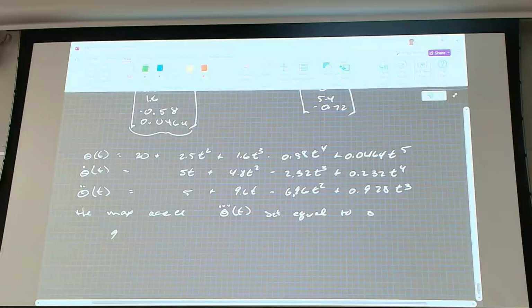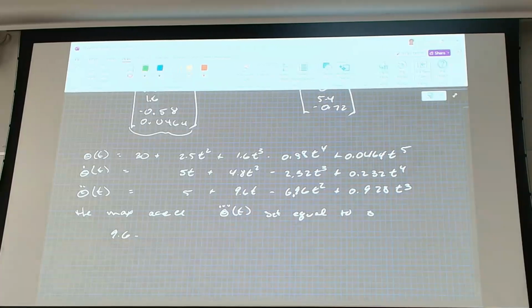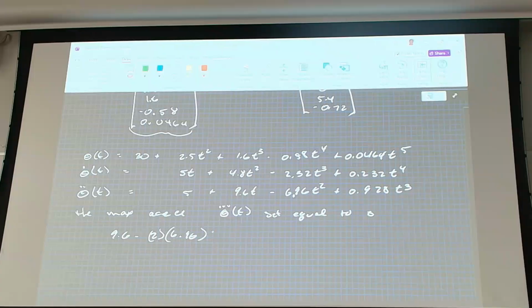So we're going to get 9.6 minus, take the derivative of that one, 2 times, you can compute it if you want, 6.96 t plus 0.928 times 3 t squared.